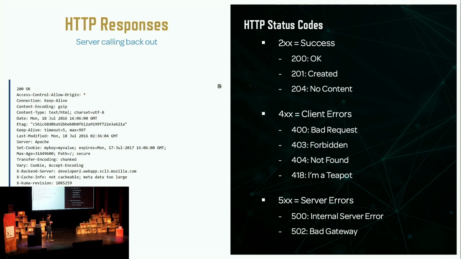The famous one, the 404, page not found. If you don't have any internet or network connection or go to a wrong URL, you get a 404 not found. A funny one, which they put in as an Easter egg, I'm a teapot. It's the 418.